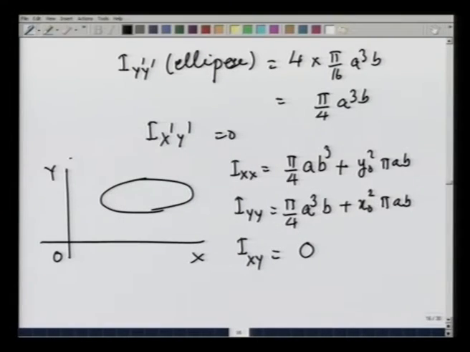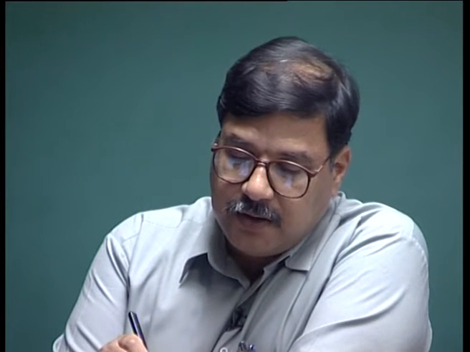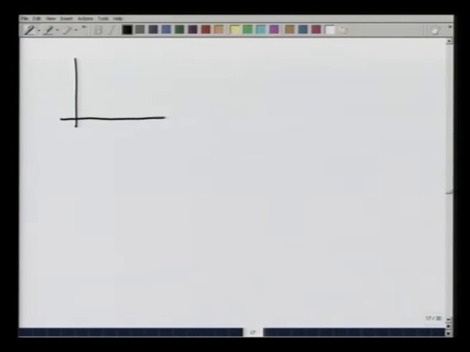By symmetry, it is 0 for axis passing through the centroid, plus x 0 y 0 pi a b. So, using transfer theorems, we could calculate the second moment of area and the product of area when it was given about the centroid. So far what we have considered in the transfer theorem is the product and second moment of area when the centroid is displaced with respect to the origin of a given system.